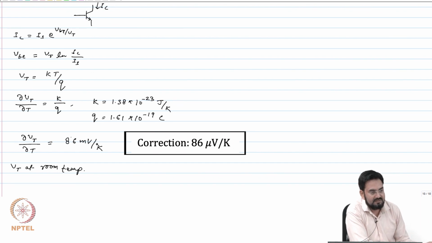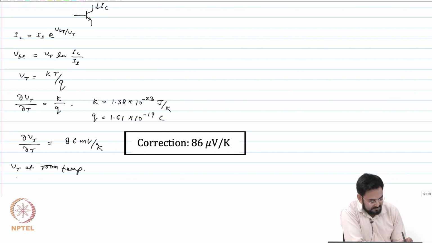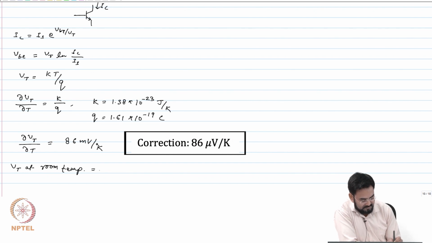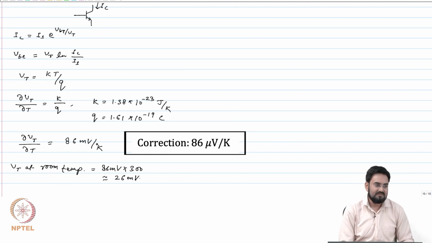How much is that? 25.8, roughly 26 millivolt. VT value is given as 26 millivolt at room temperature, correct? That's where your 26 millivolt comes from.